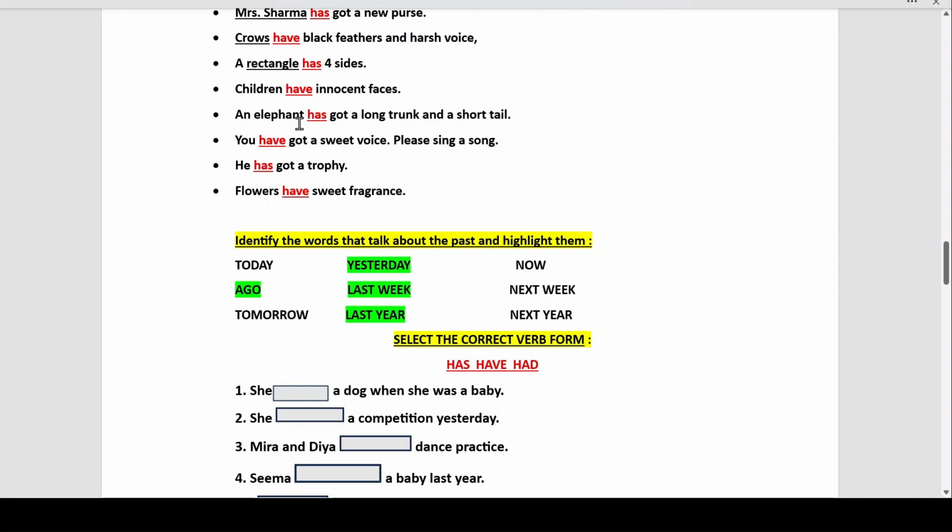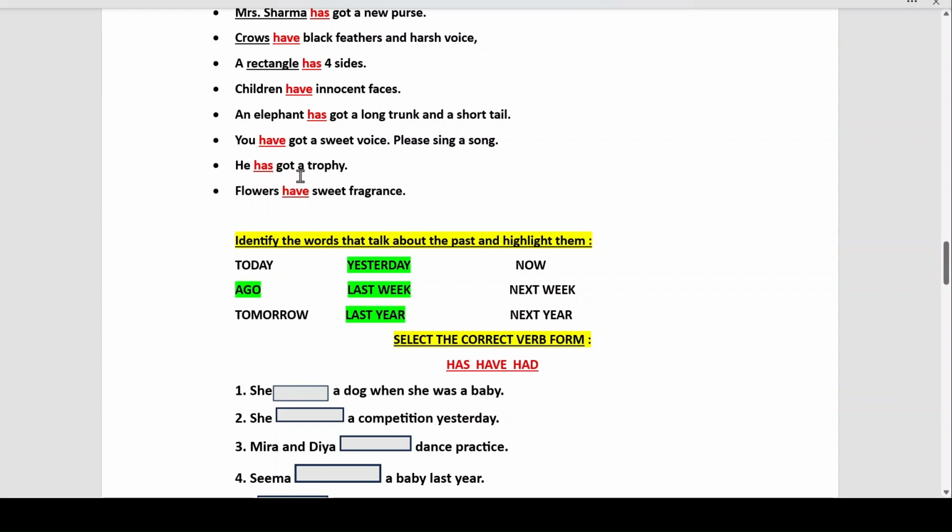An elephant is your subject. It is singular and it is in third person. An elephant therefore has got a long trunk and a short tail. You have got a sweet voice. Please sing a song. You is your subject. And after I, you, they, we and plural subject we use have. Okay, next.